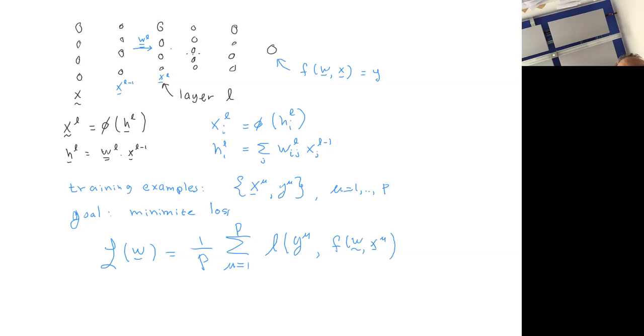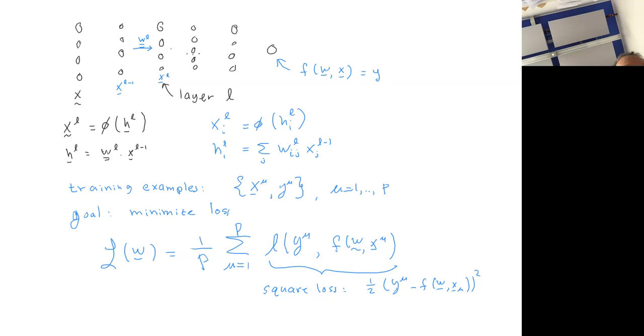So this loss might be, for instance, square loss, which is common. This would be 1/2 (y^mu minus f(W, x^mu)) squared.